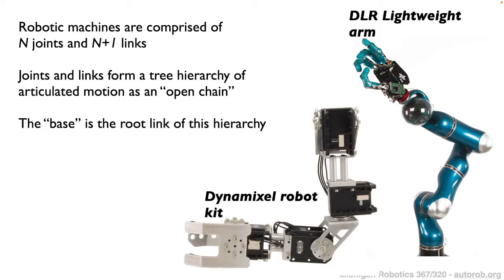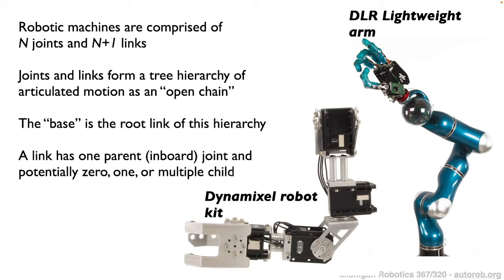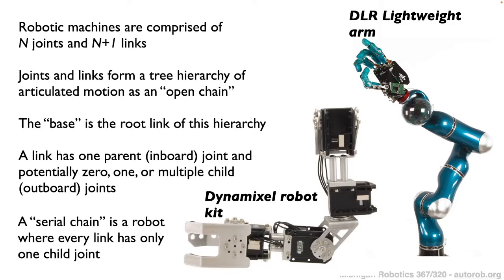One thing to note is that anytime we have a robot, it's going to be comprised of n joints and n+1 links. This follows from the fact that a joint in our framework directly connects two rigid body links, so we can make the statement that there will be n joints and n+1 links.